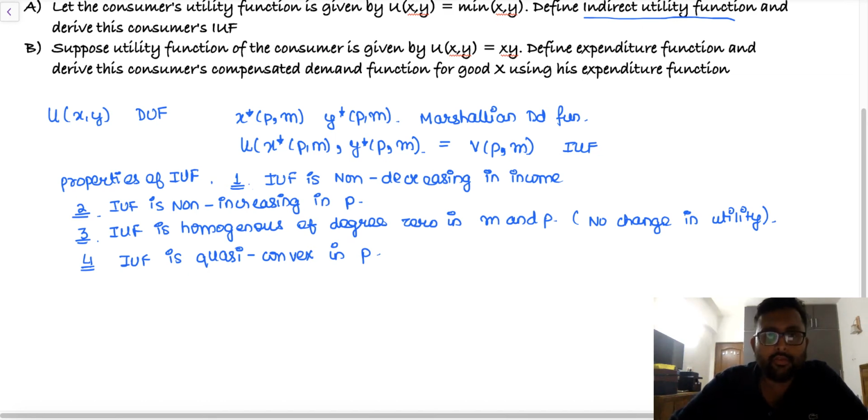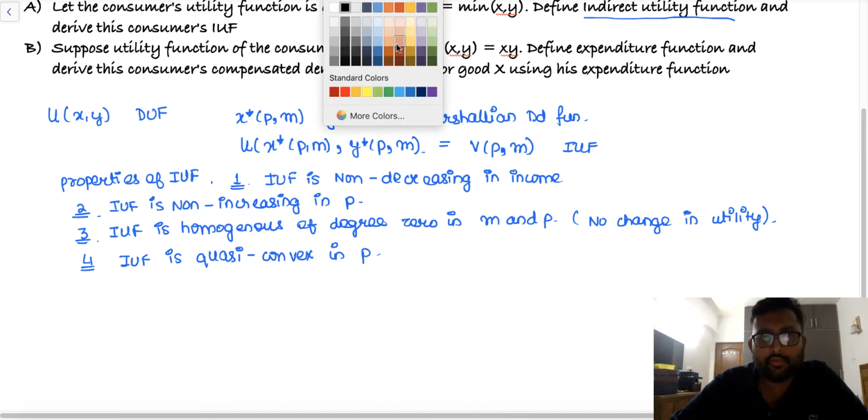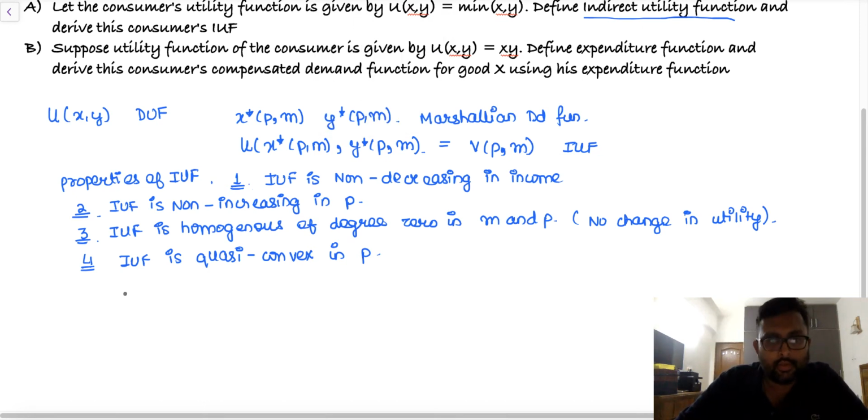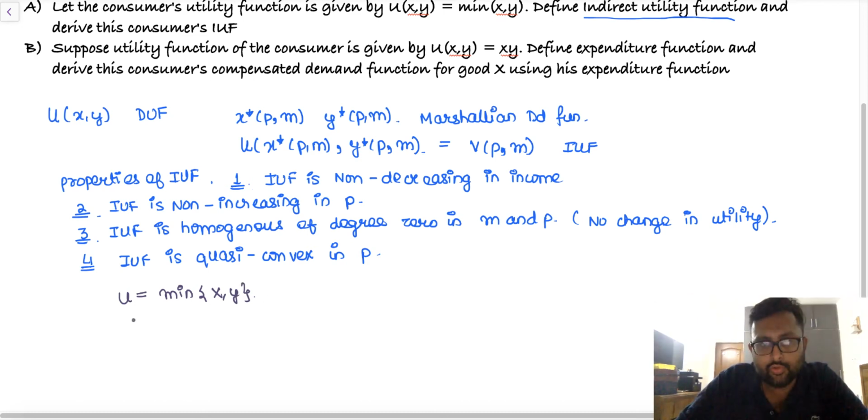Now, for the kind of question which is given to you, I'll use a different ink. So you have u equals min of x, y, that is given to you. First of all, find out the Marshallian demand function. You know that at optimum, x equals y.